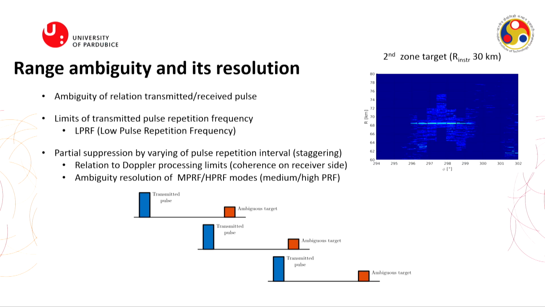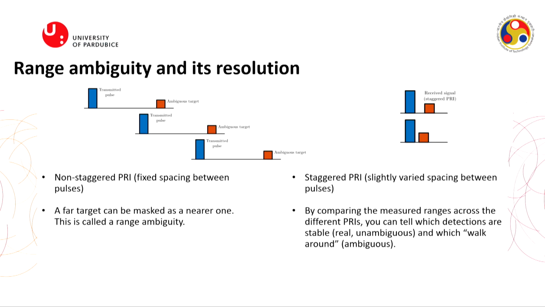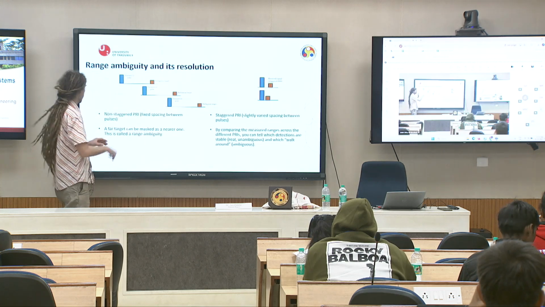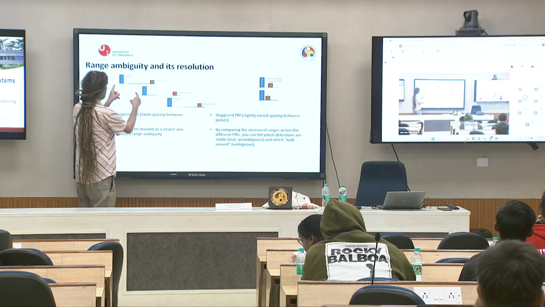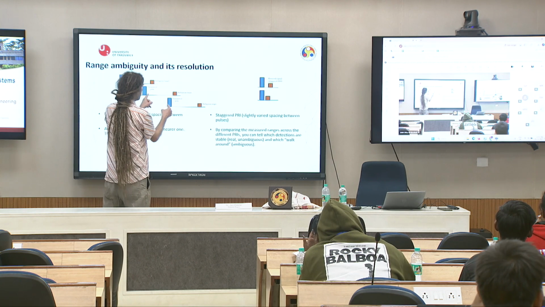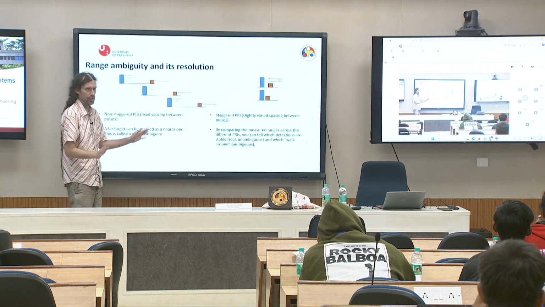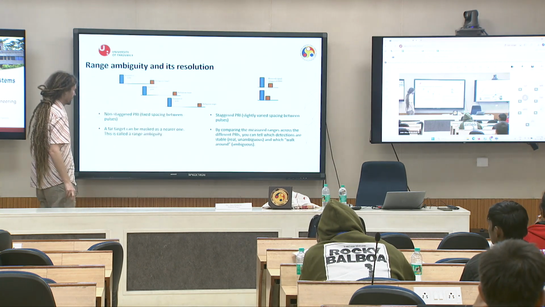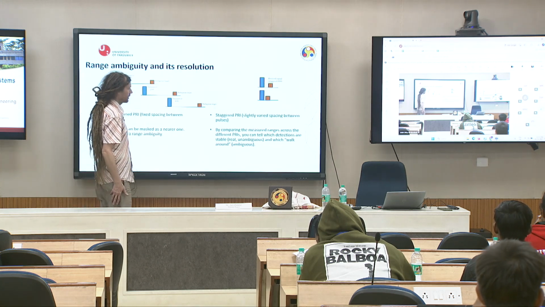There exists one tool to handle it, and it is called staggered PRI. What does this mean? It is our classic situation where there is non-staggered PRI, fixed spacing between samples, everything is clear like on the last slide, but with an ambiguous target.